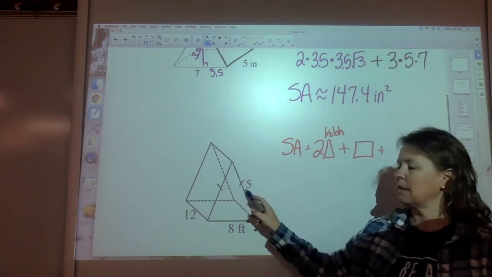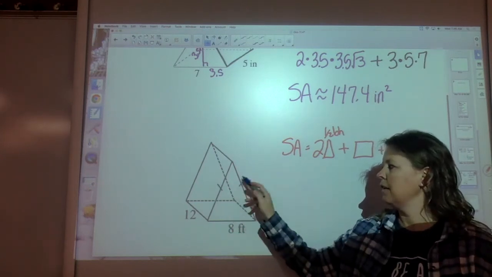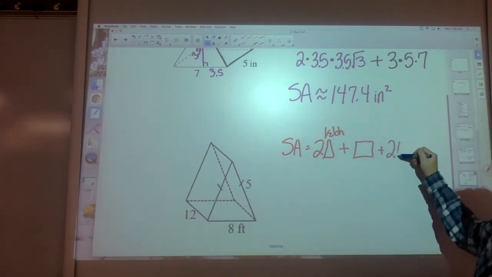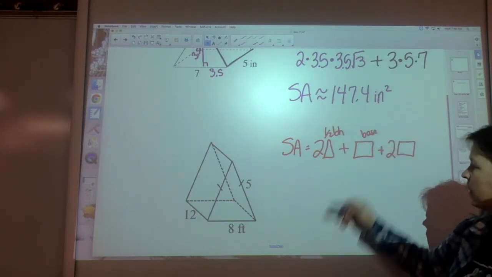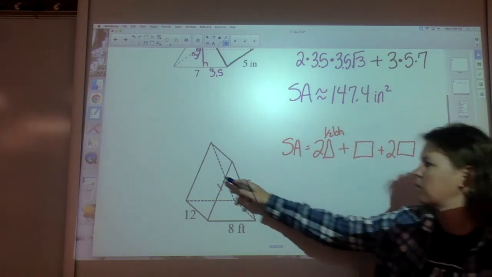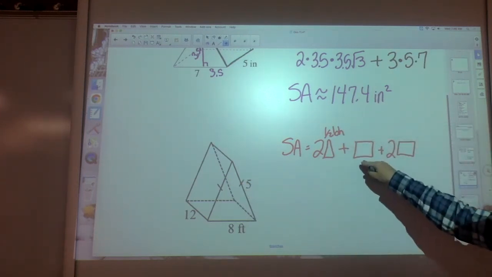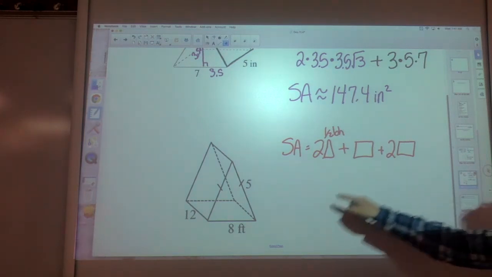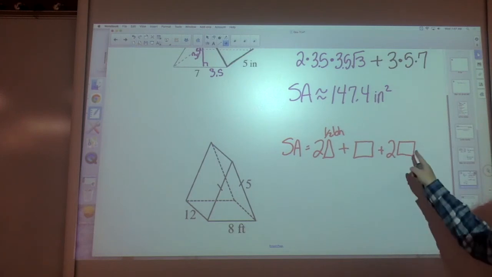And because it's an isosceles triangle and not an equilateral triangle, these 2 are the same. You can't call that the base, sorry. The bases are the triangles on front and back. So you have 2 triangles, the bottom of this prism, the way it's drawn, the 12 by 8, and the 2 rectangles on the side.